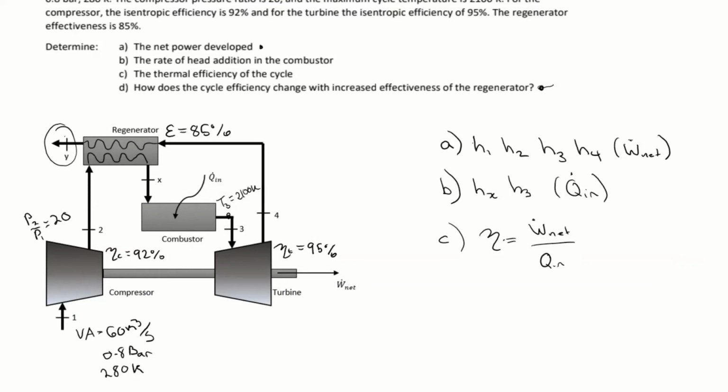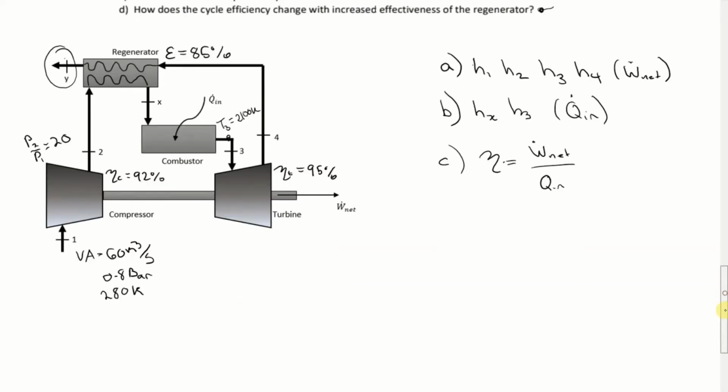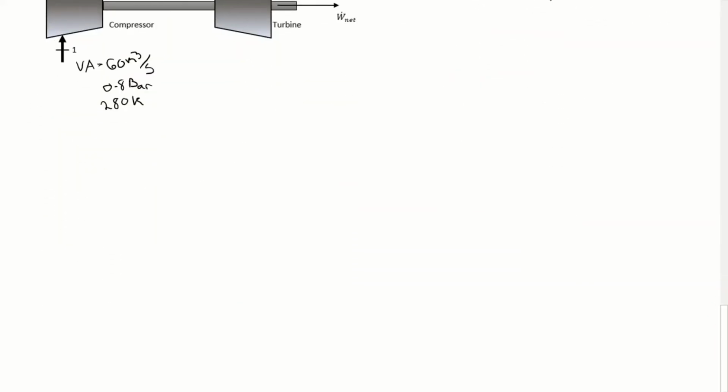Okay, so now we'll go through each state to find all the enthalpies we require. So starting with state 1, remember that for air, we're able to look up enthalpy with temperature only, not with pressure. And so what we're going to be looking for is H1, and we're also going to find PR1.